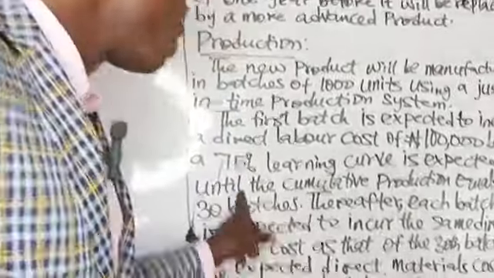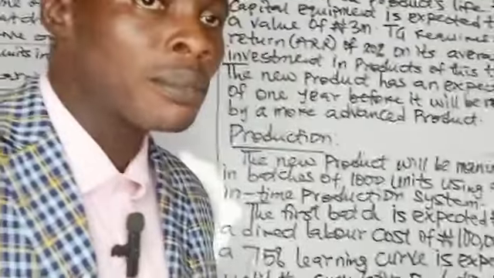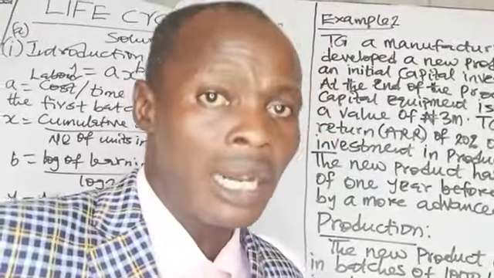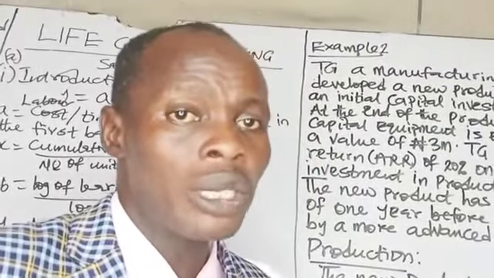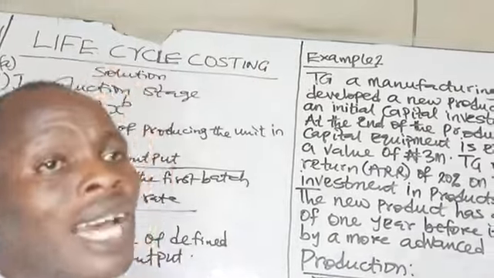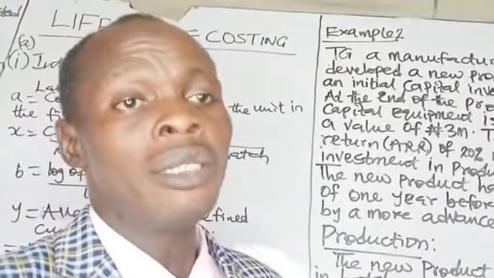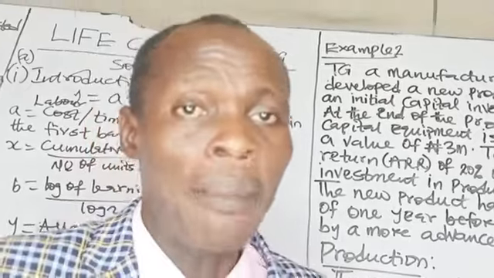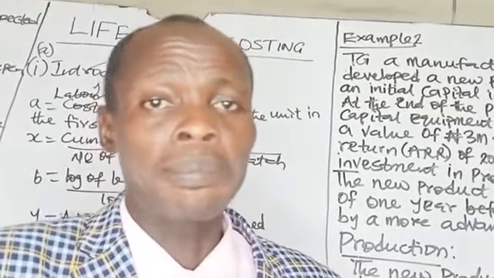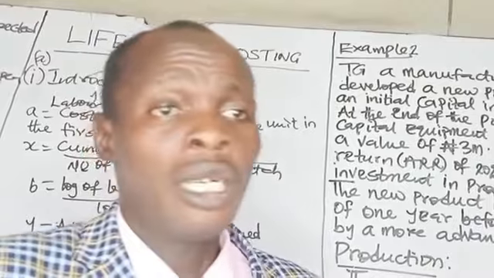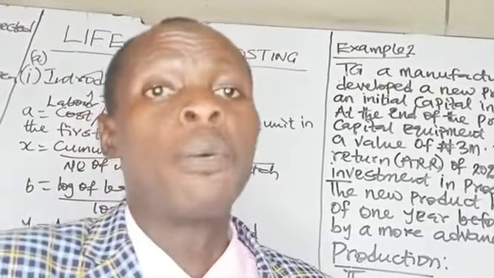So when the cumulative output reaches 30 batches, the learning process will stop. So the cost of each successive production will remain stable. That means the cost is not expected to fall as output increases.